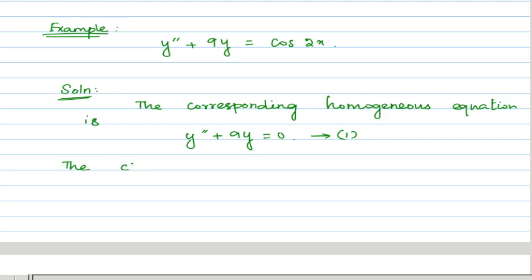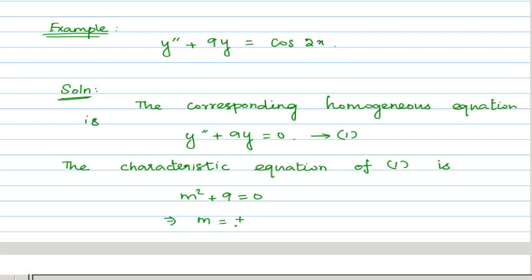The characteristic equation of 1 is m square plus 9 equals 0. This implies m equals plus or minus 3i.